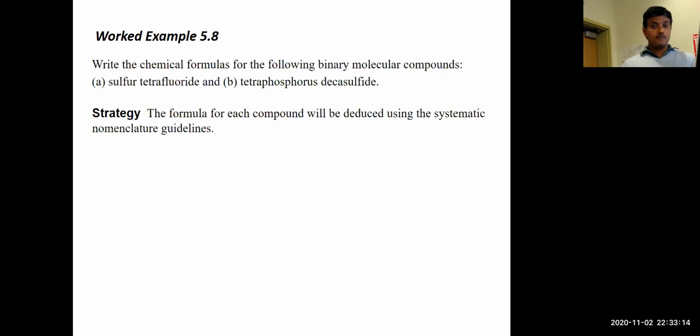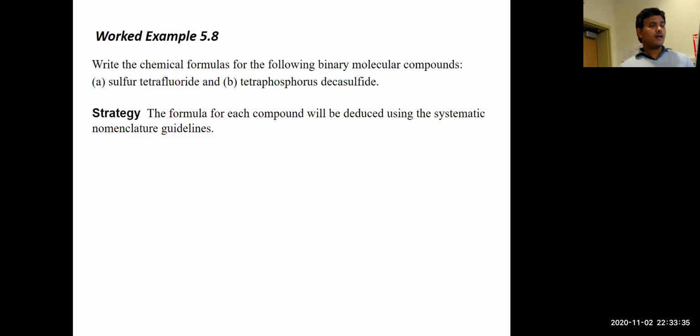Let's look into how you come up with a chemical formula if you know the name of a binary molecule. One example here is sulfur tetrafluoride. Sulfur doesn't have any Greek prefix in front of it, which means there should be one single sulfur.